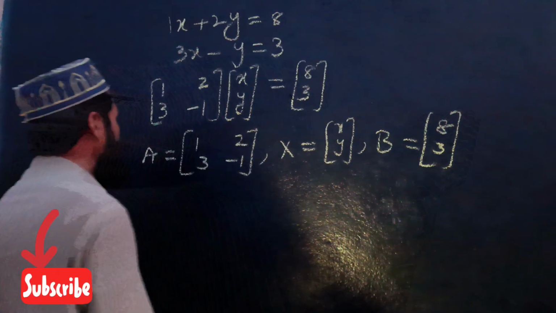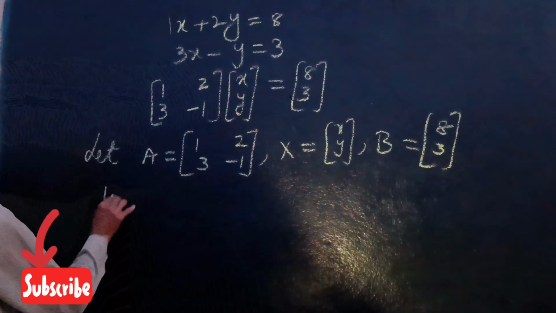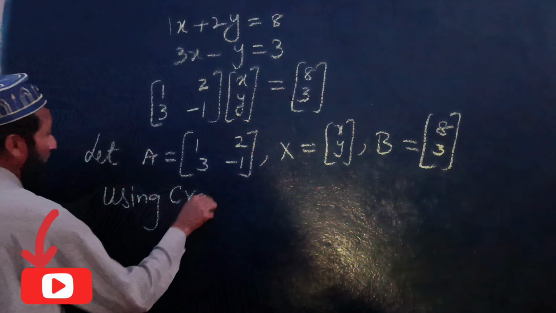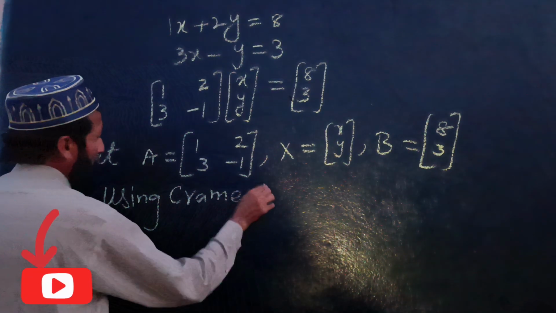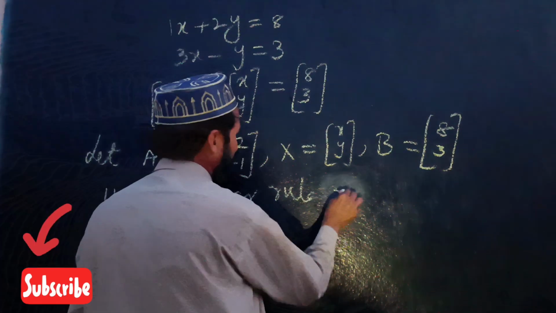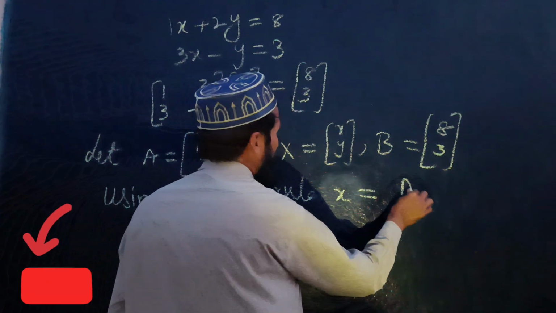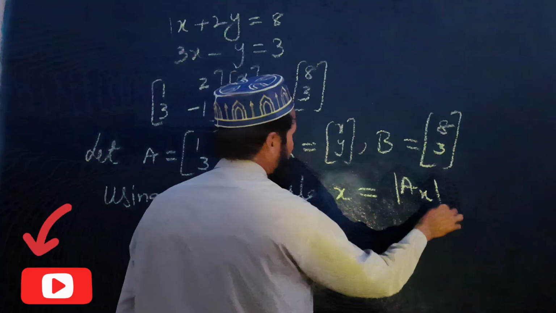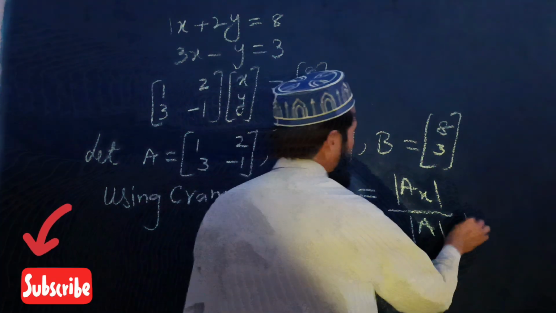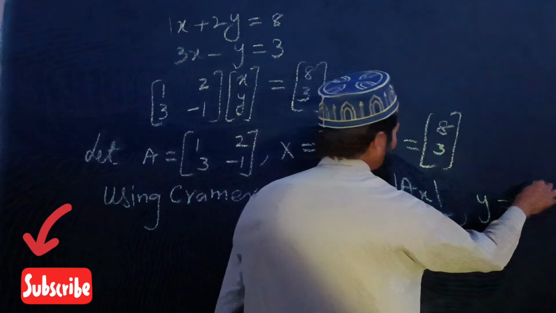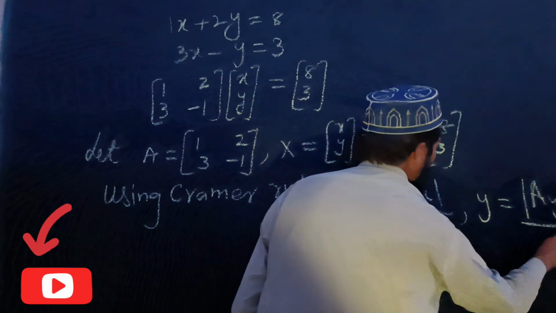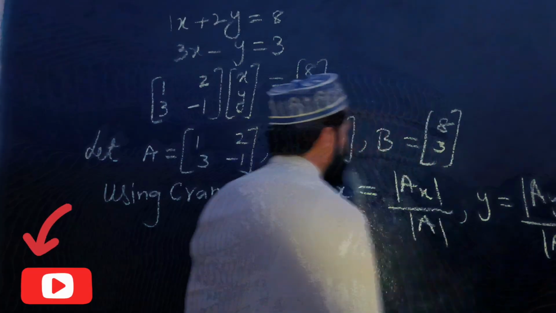Now, according to Cramer's rule, x is equal to the determinant of Ax divided by the determinant of A. Similarly, for the y value, the determinant of Ay divided by the determinant of A. This is Cramer's rule.